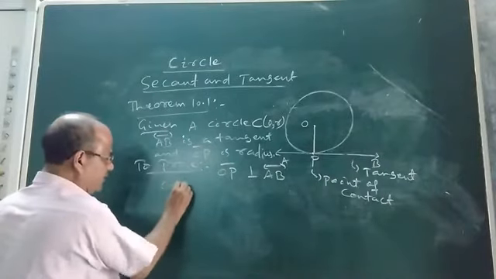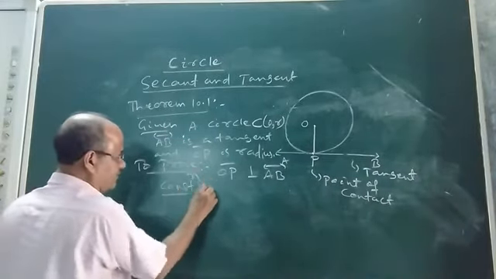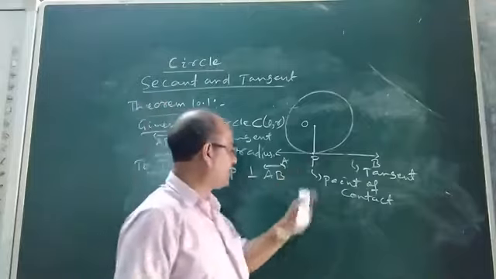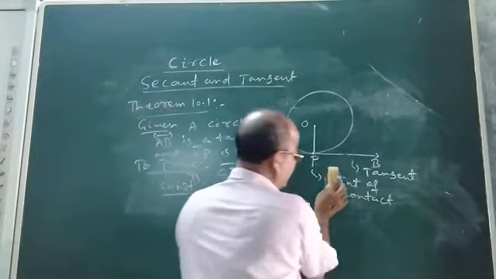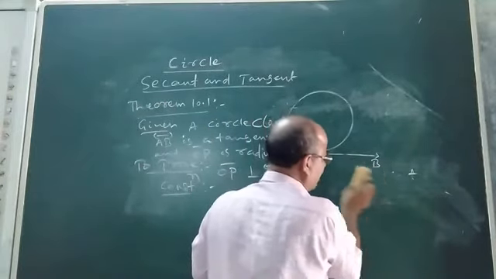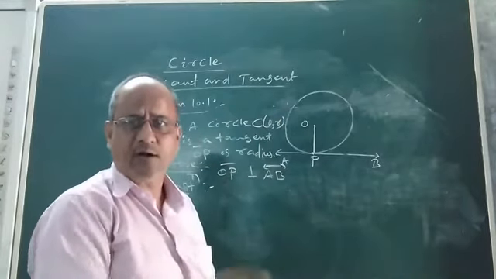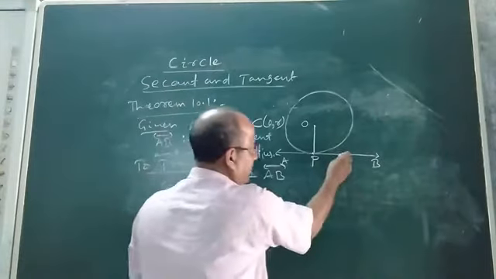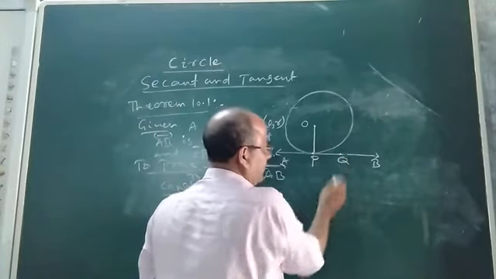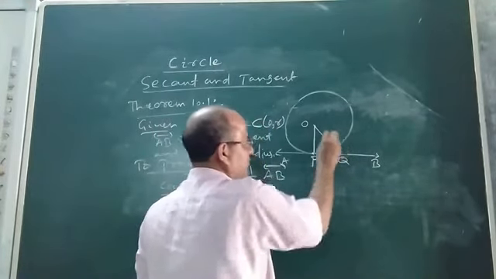Then for this we require some construction. So what construction is required? Let us see. In order to prove this geometrical truth that a tangent drawn to a circle is always perpendicular to the radius, take a point, suppose Q, on AB and join it to the center.